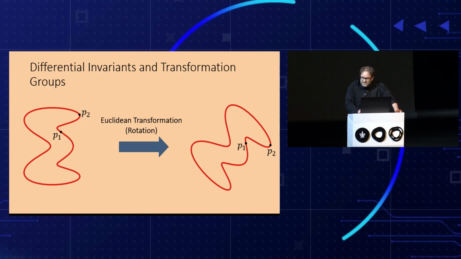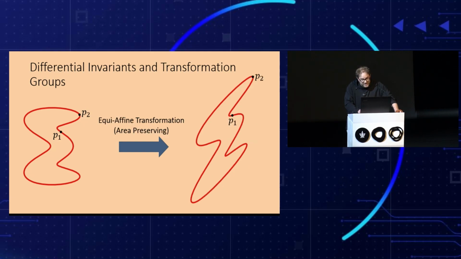So if the curvature and the arc length are two invariant properties with respect to the Euclidean group, we can also say that the derivative of the curvature with respect to arc length will also be an invariant quantity. It turns out that this theory generalizes to other, less restrictive transformation groups, like the equi-affine transformation, which we see here, which is an area-preserving transformation.